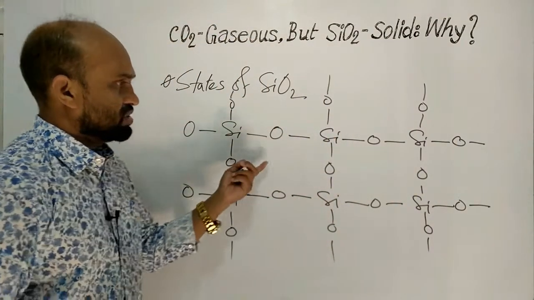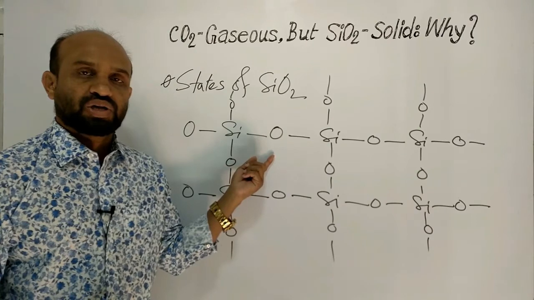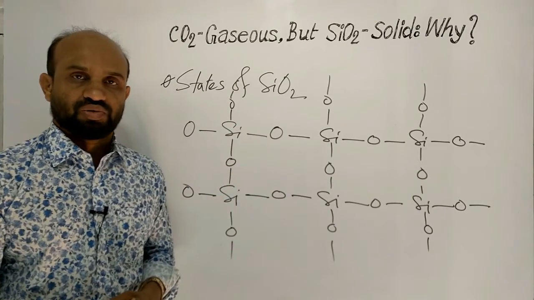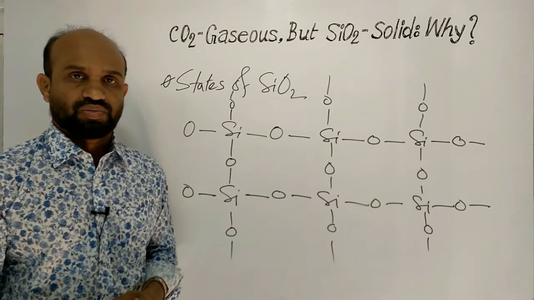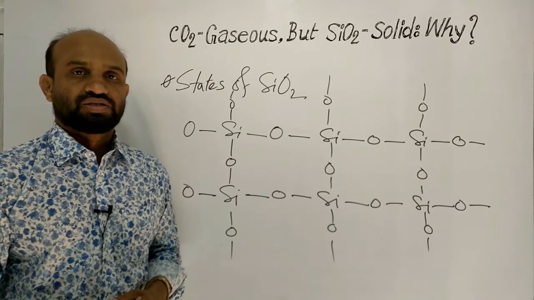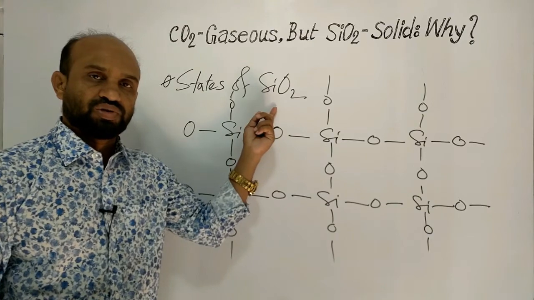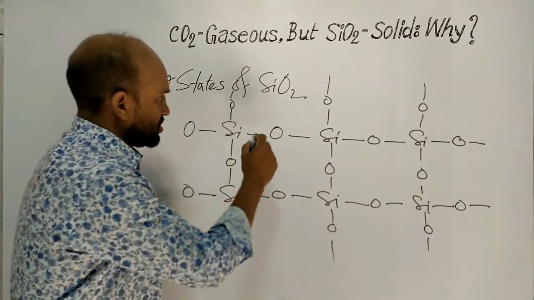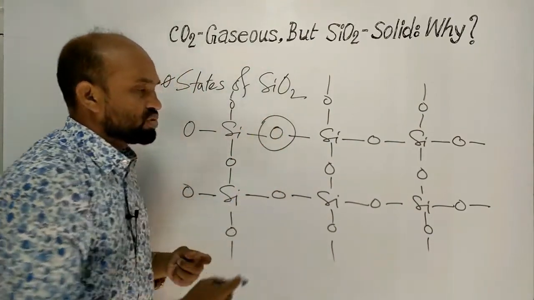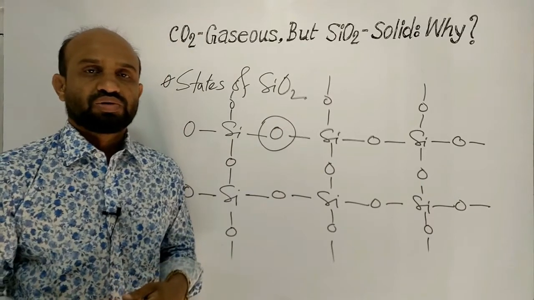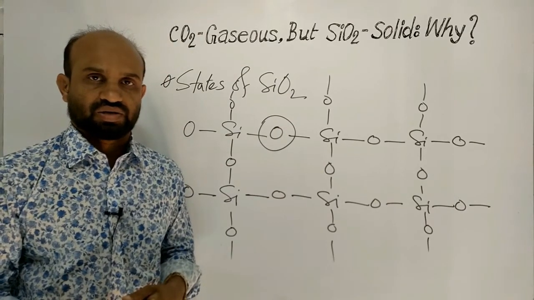That means a macromolecule of silicon dioxide is formed through polymerization. A giant molecule of silicon dioxide is formed in which oxygen is common to two silicon dioxide tetrahedra.